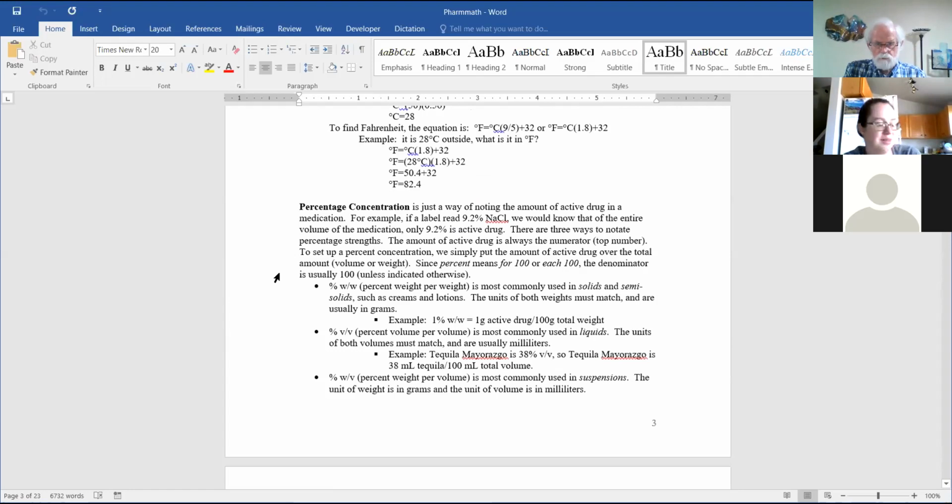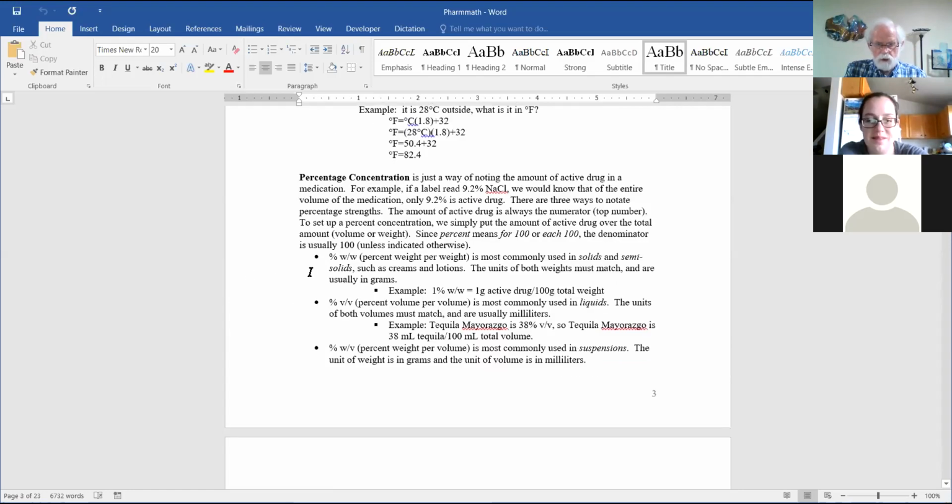Percentages are just a concentration. If we have 1%, you'll find certain drugs are going to be listed as 1% or 0.5% or something like that. What that means is the number of grams of drug per 100 grams of total amount. So basically, it's a concentration.